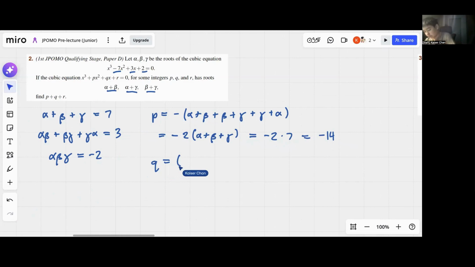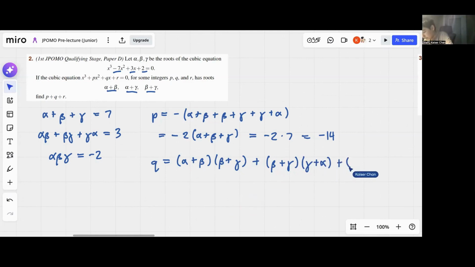So in this case, that would be alpha plus beta times beta plus gamma, plus beta plus gamma times gamma plus alpha, and then lastly, gamma plus alpha times alpha plus beta.